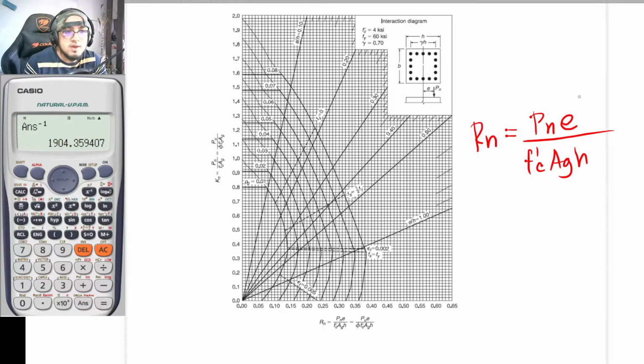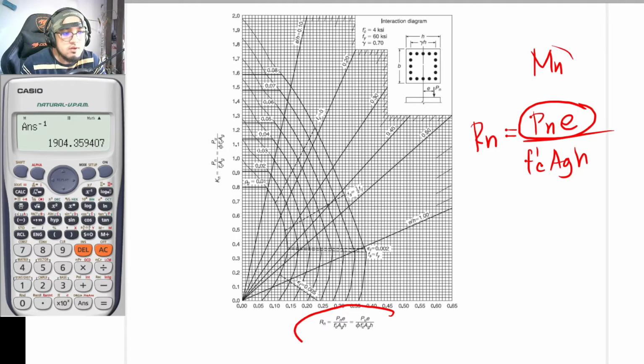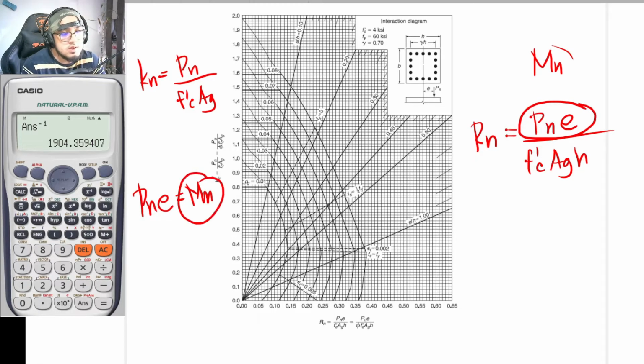So ayan. So guys, itong Pne, yan yung moment. So force times eccentricity, moment na yan. So pwede mong gamitin itong interaction value dito, or if you have already solved for this, so di ba ito Kn is equal to Pn divided by F prime C times Ag. So, pag nasolve nyo na ng Pn na yan, alam nyo naman yung E, edi multiply nyo ng E, edi yan na yung moment. So, napakadali niyan.